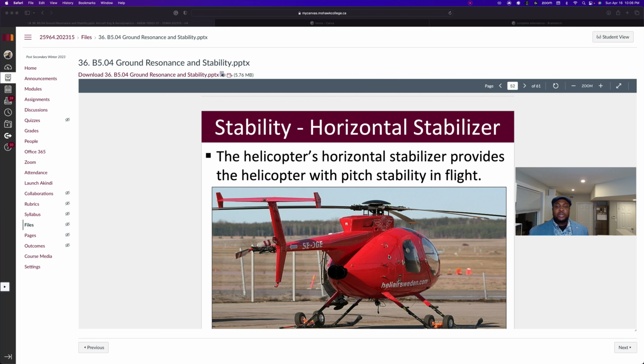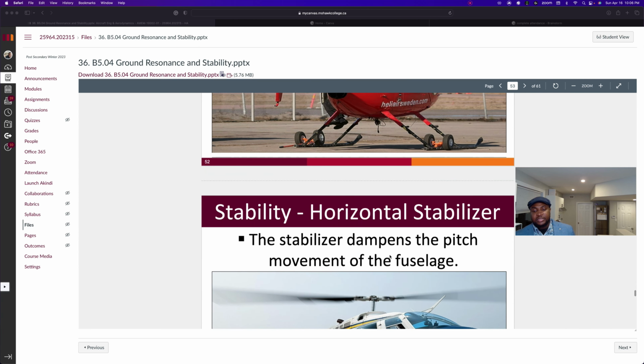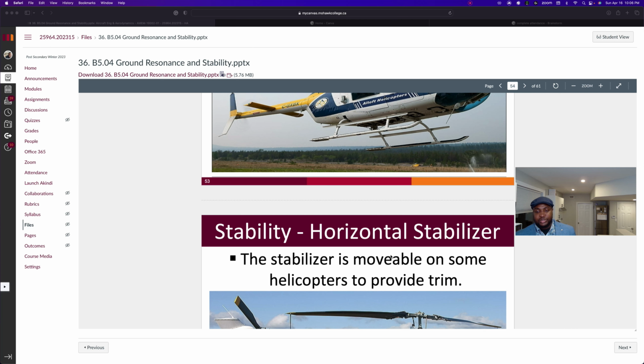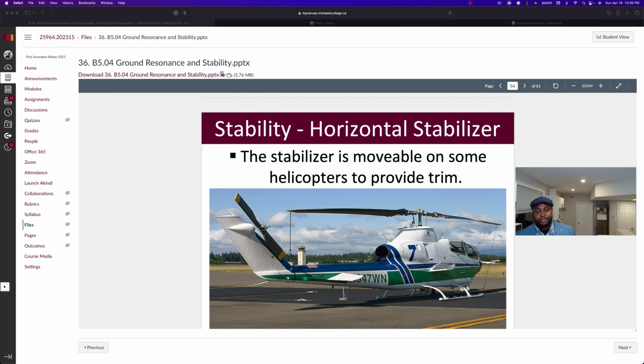We know that the horizontal stabilizer provides good pitch stability, so this helps us with longitudinal stability of the helicopter. The stabilizer dampens the pitch movement of the fuselage. The stabilizer is movable on some helicopters to provide trim.